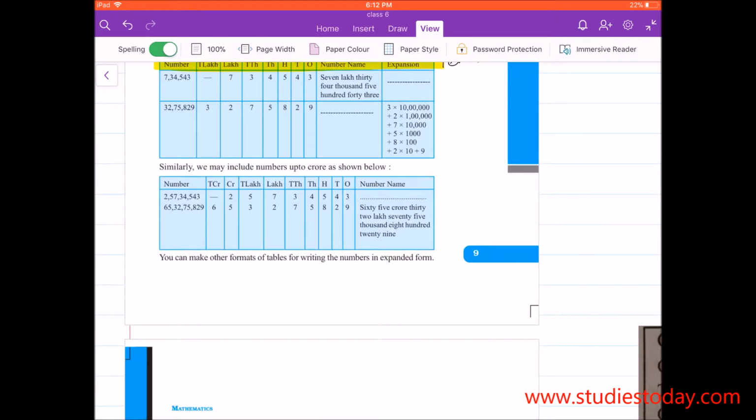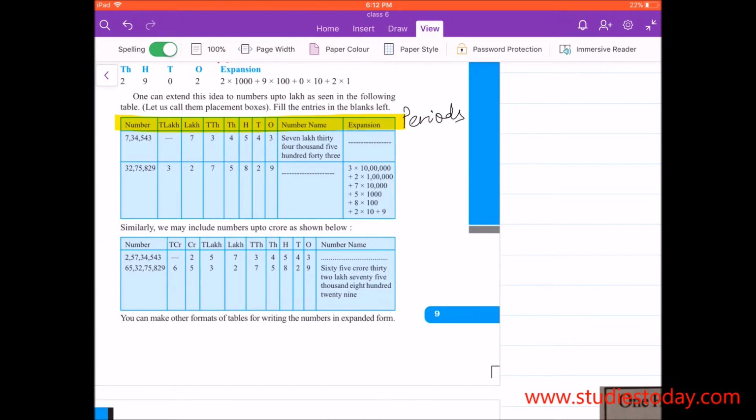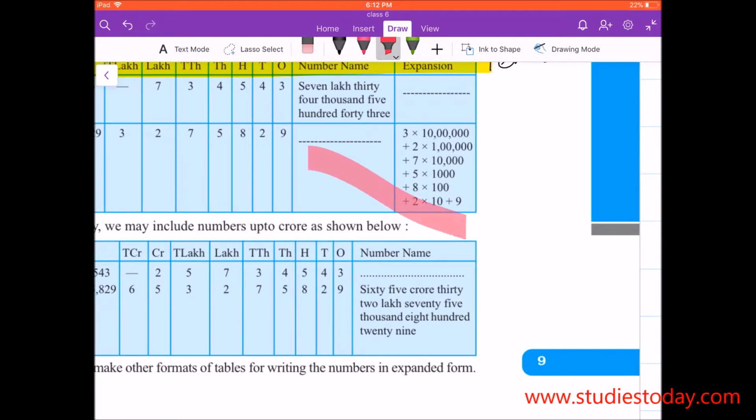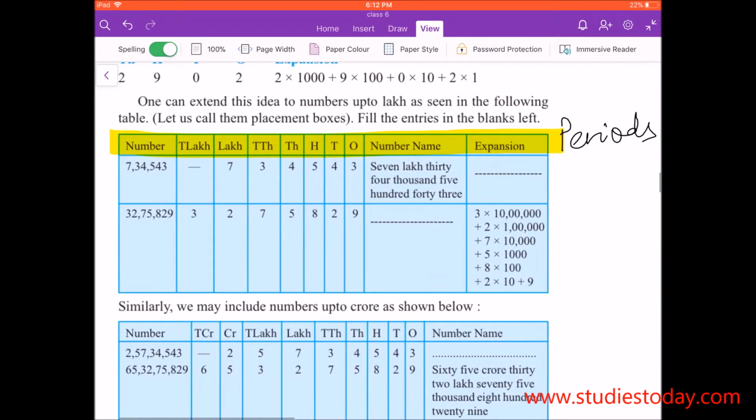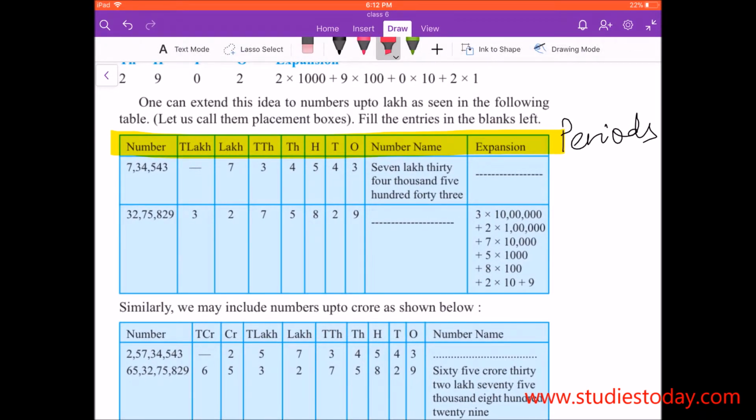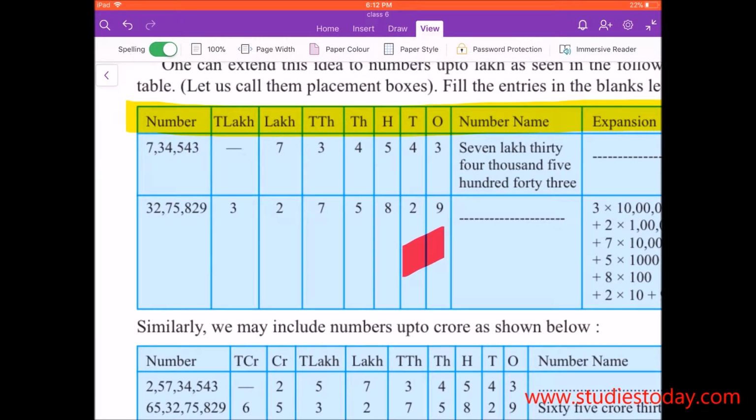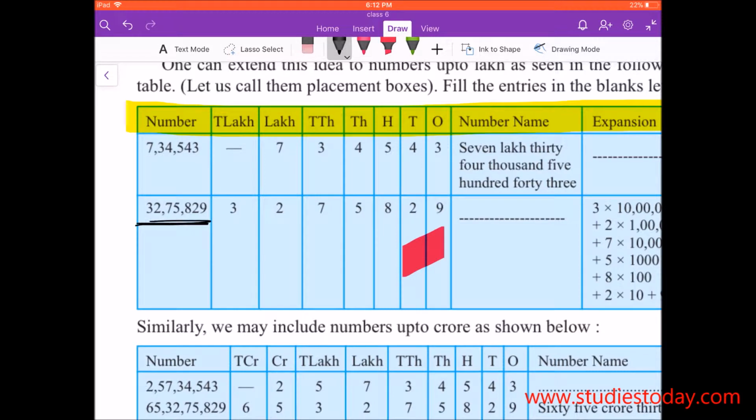Now we have to understand how to write the large number under the boxes, which is called the placement table. For example, we take up this number, 32,75,829.